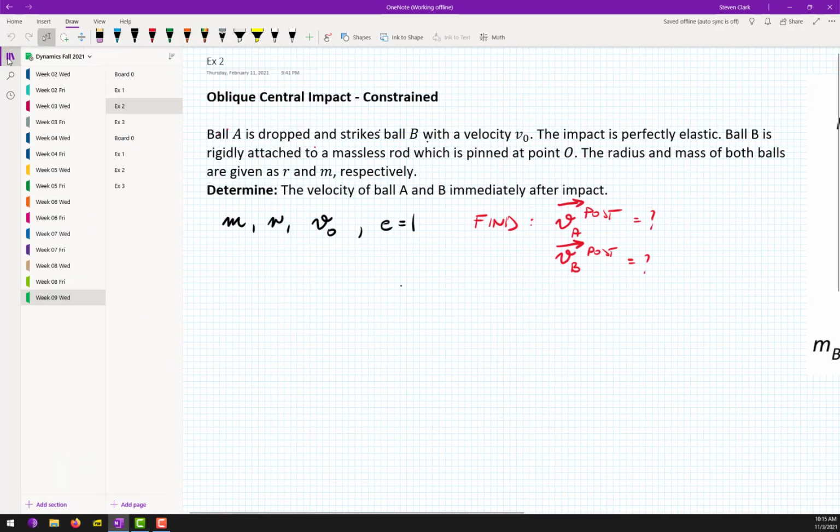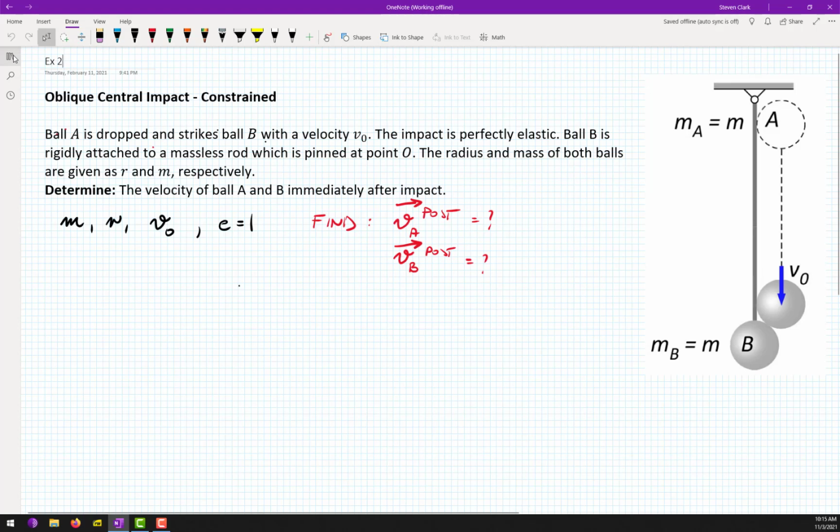Example number 2. As usual, please read and understand the problem statement before we start our solution. Okay.